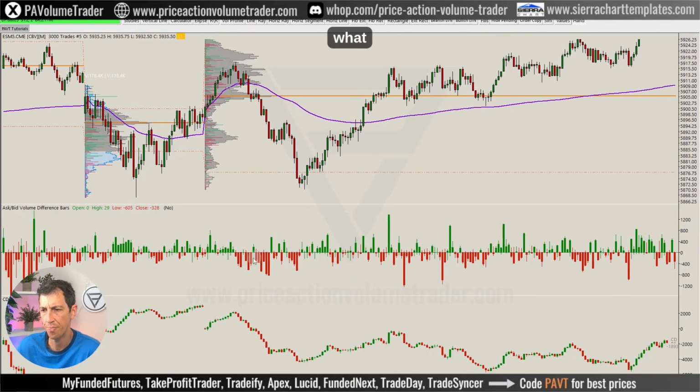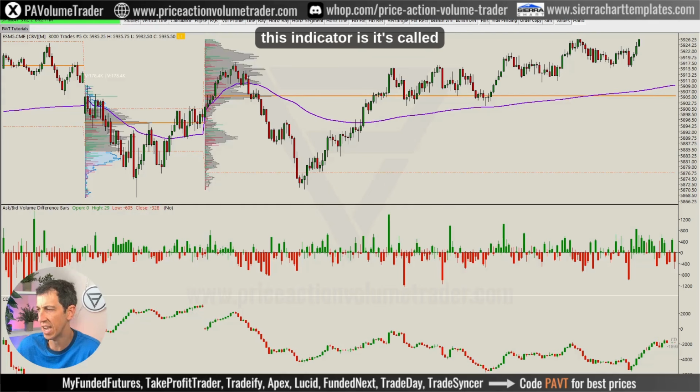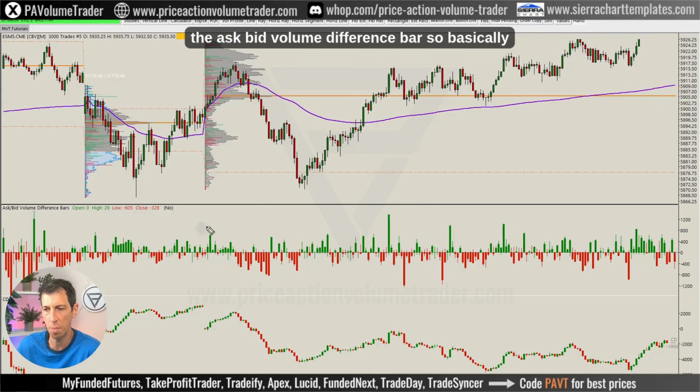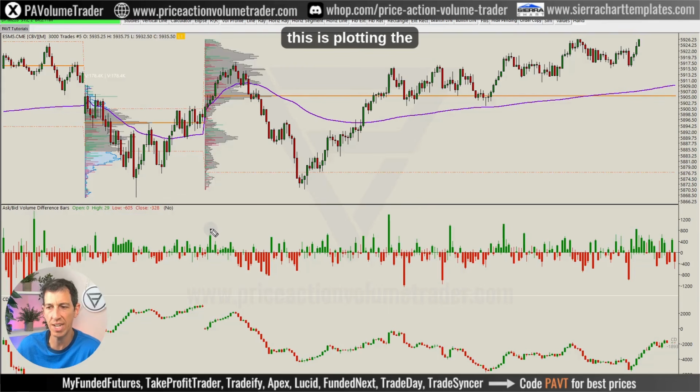And here, this indicator is called the Ask-Bid Volume Difference Bar. So basically, this is plotting the delta candlestick for every corresponding candlestick on the chart, okay?